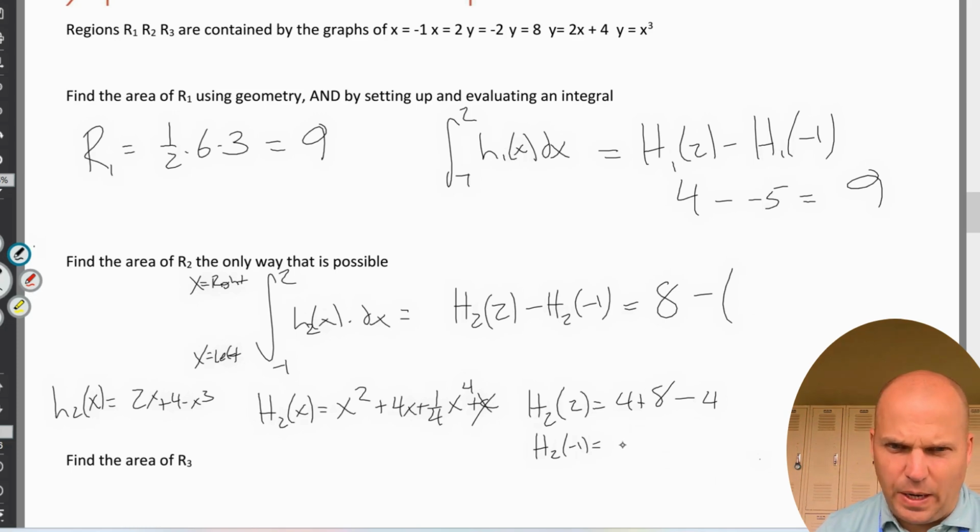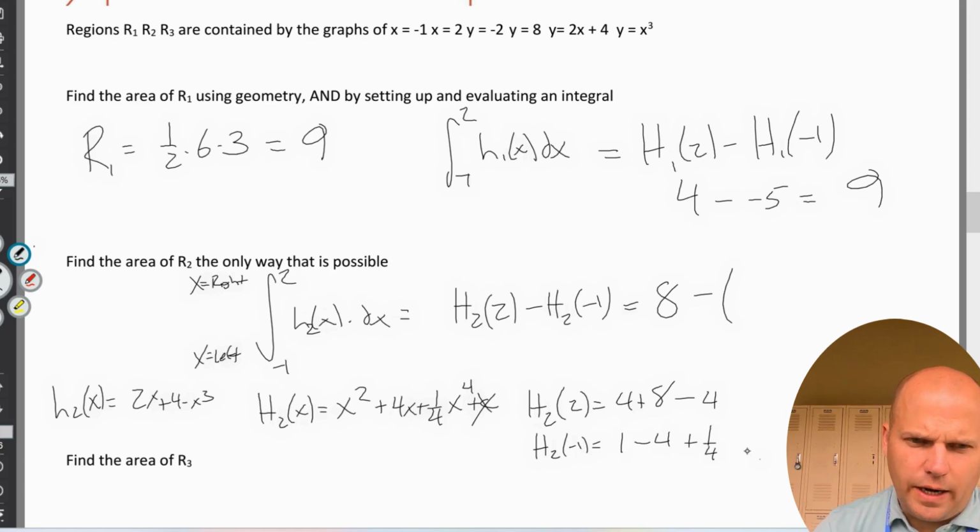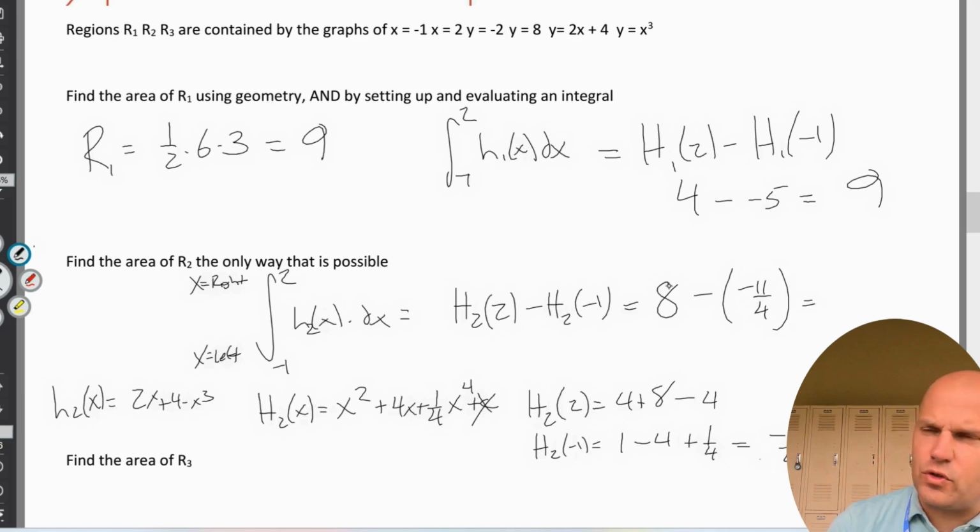Also, you should prepare to be able to use your calculator. So this is -3, which is -12 fourths, plus a fourth is -11 fourths. So this is 32 fourths, 43 fourths.